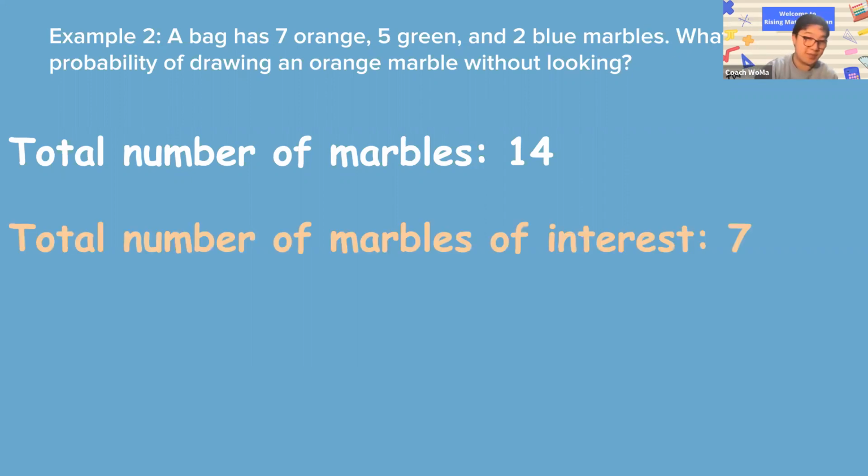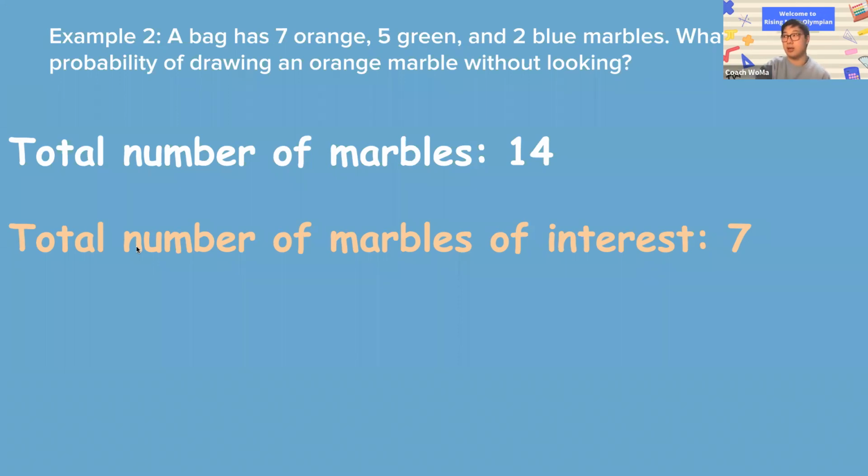So there's 7 orange, there's 5 green, and there are 2 blue marbles. And the total number of marbles that we're thinking about drawing is 7 because it's asking what's the probability of drawing an orange marble, right? So there are 7 marbles that would be orange, versus the 14 total marbles that there are in there.